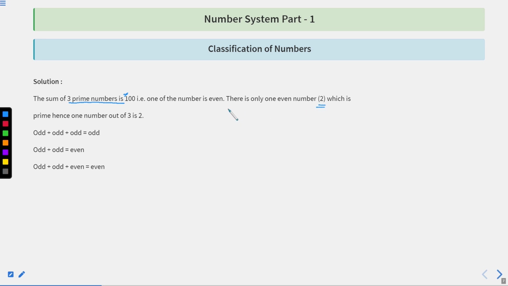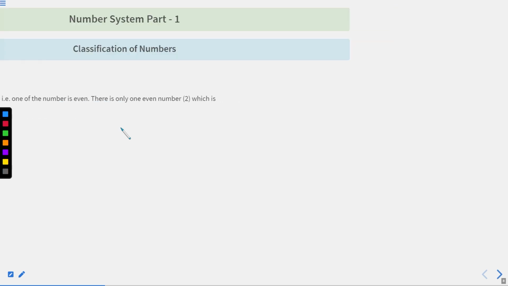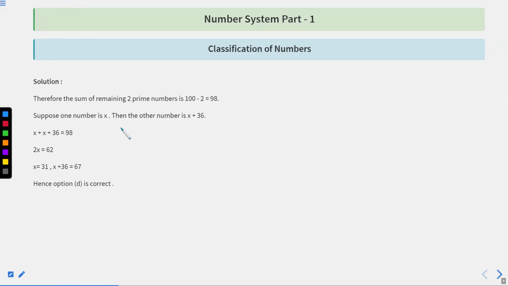Now out of the 3 numbers, one of them is 2, and we are interested in finding the other 2 numbers. Therefore the sum of the remaining 2 prime numbers should be 100 minus 2, equal to 98. Suppose one of the numbers is x, then the other number is x plus 36.